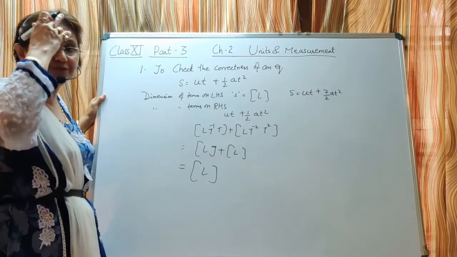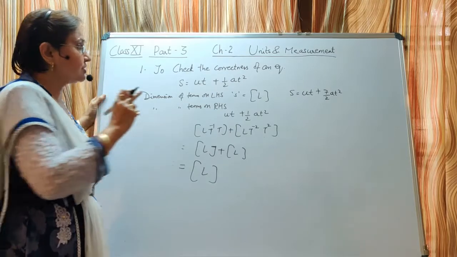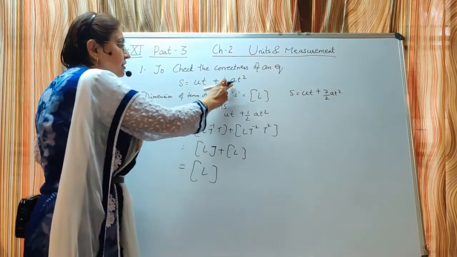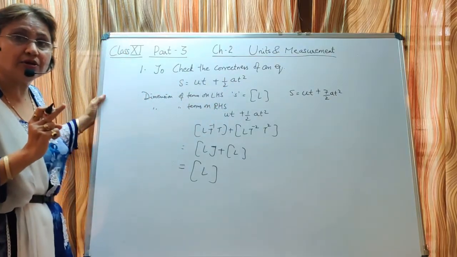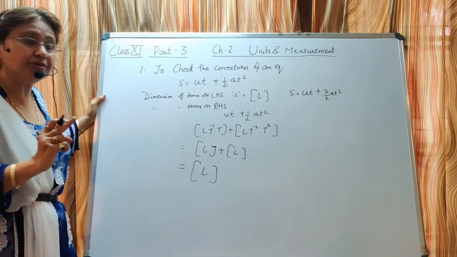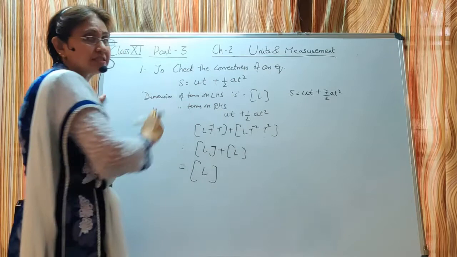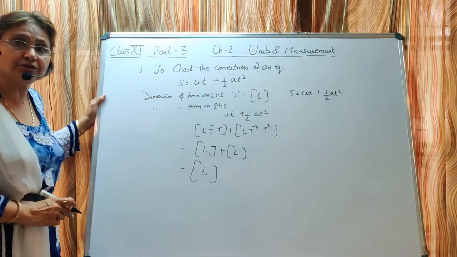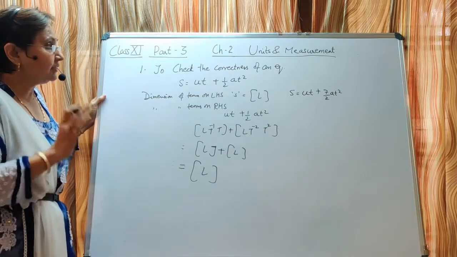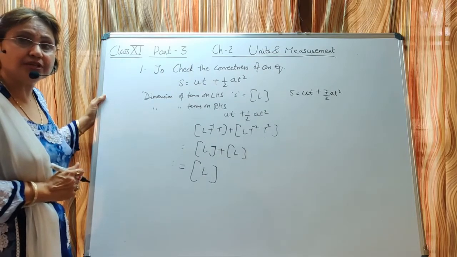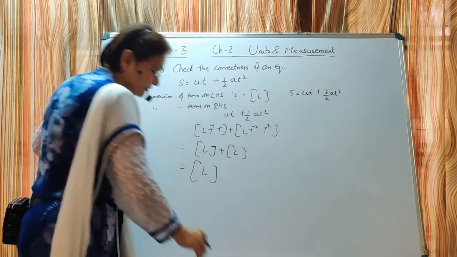Because velocity and force have different dimensions. So only terms of the same dimension can be added or subtracted in any equation, and also the dimension of each term on the right hand side should be equal to the dimension on the left hand side. Then only we say that the equation is dimensionally correct.